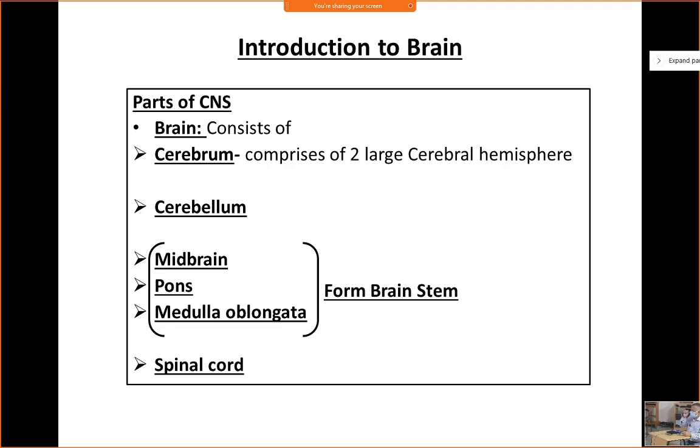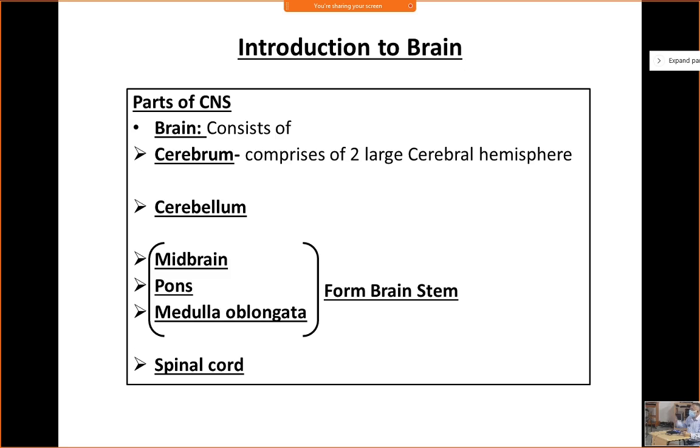Cerebrum has two parts, right and left side, known as cerebral hemispheres. Cerebrum is equal to two cerebral hemispheres; it is not a different structure. Hemisphere means half. Then the spinal cord.